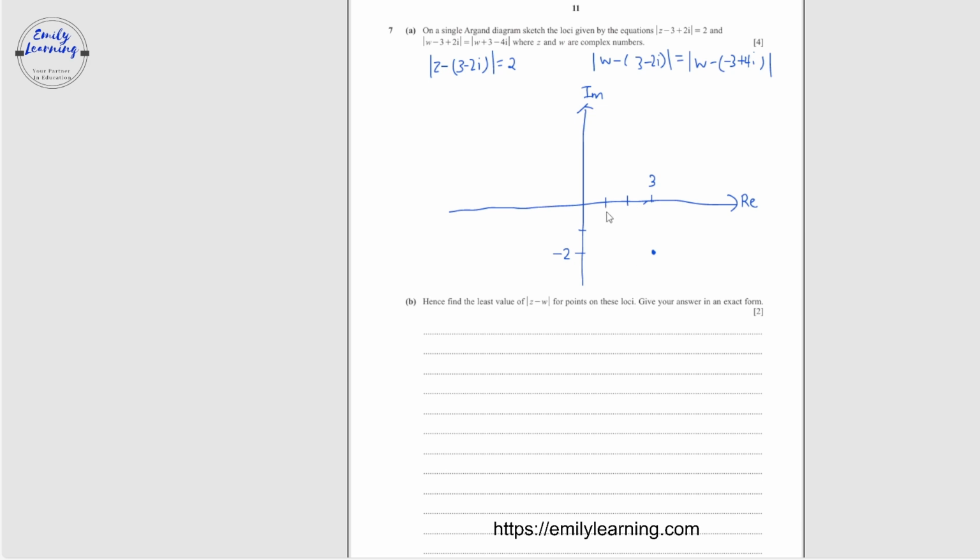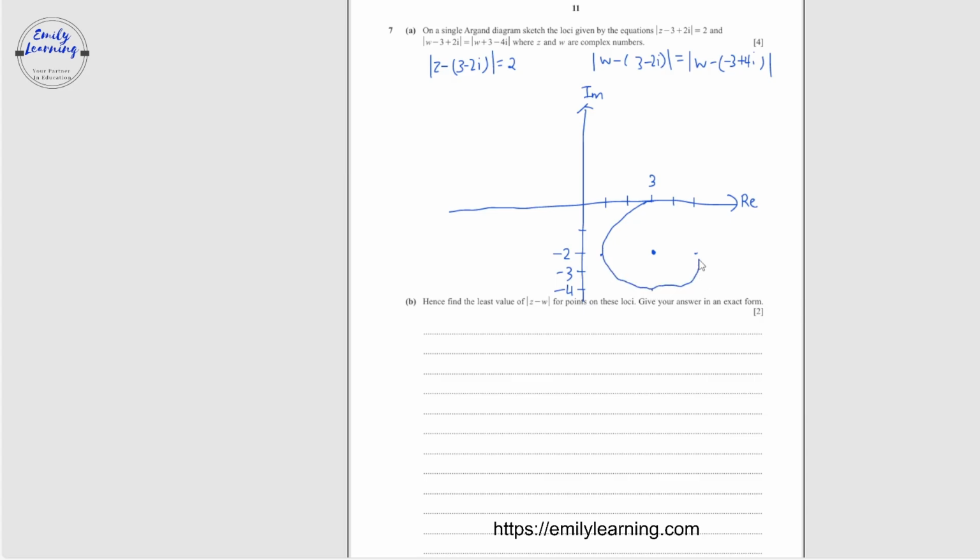Then 2 units here, 3, 4, 5 here, minus 2, minus 3, minus 4. So I know that my circle will look something like this.